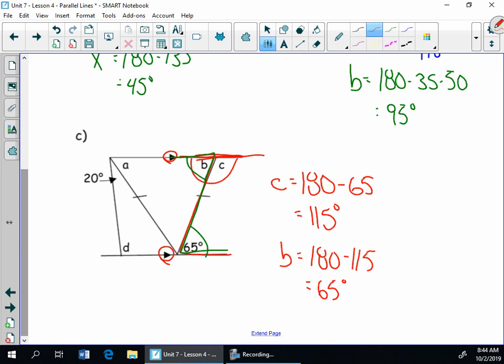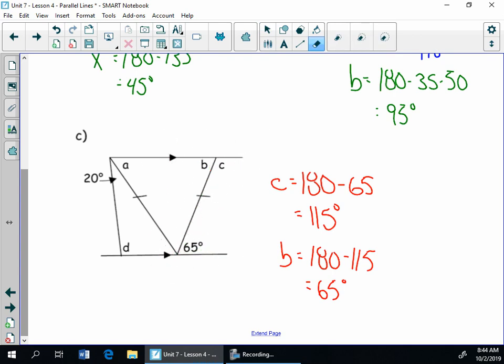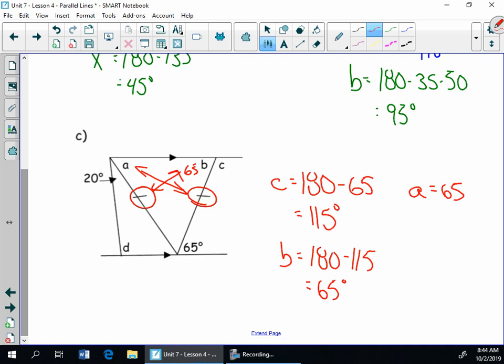What else do I notice? I'm just going to write some numbers in our diagram. We know that B is 65. I see some dashes. What do I know about dashes? I know the things that are across from them are equal to each other. Hey, A has to be 65. What else can I figure out?